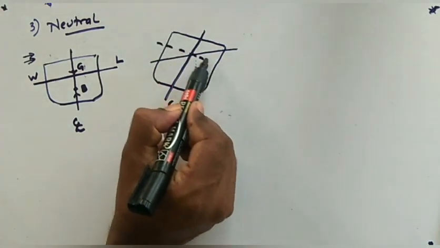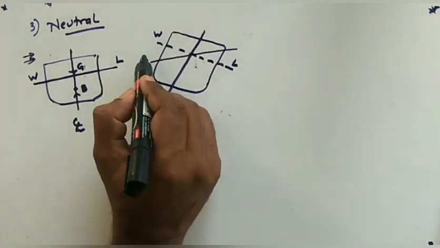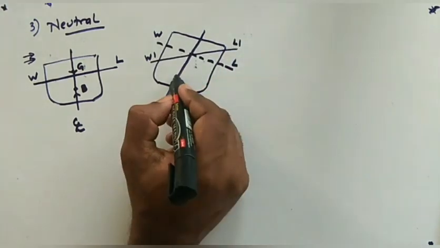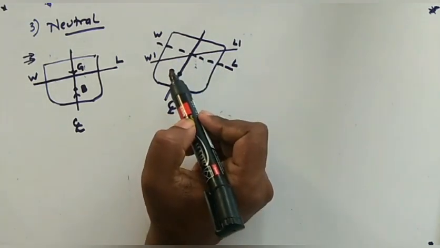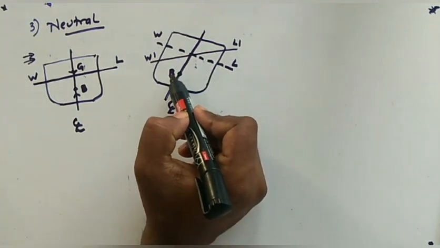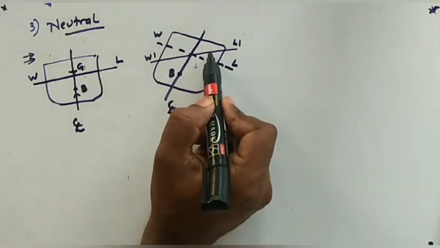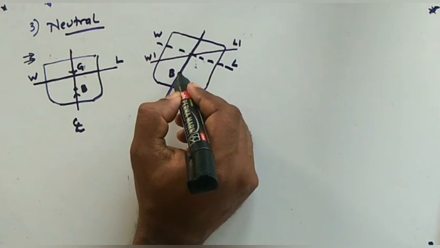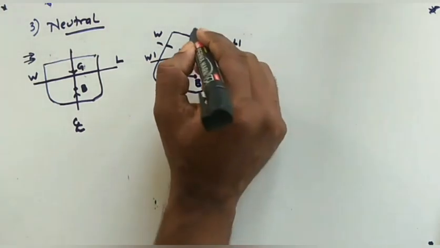This is my previous water line WL, this one, and the new water line W1 L1. So the center of buoyancy was initially here, same as the previous two concepts. My ship is inclined, so the underwater volume is changed. It decreases on one side and increases on the other side. So the center of buoyancy will shift from B to point B1.